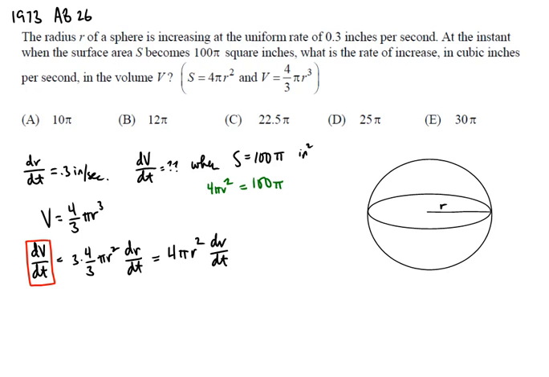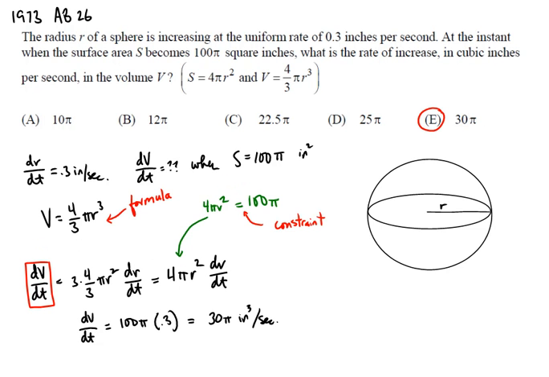We know that the formula for surface area is 4 pi r squared is equal to 100 pi. We could solve that for r and plug in and simplify, but you might notice that our expression already has 4 pi r squared in it, so we can just simply replace that with 100 pi. And we'll plug in that dr/dt is 0.3, so that will give us 30 pi cubic inches per second. And so that does it for these two problems.